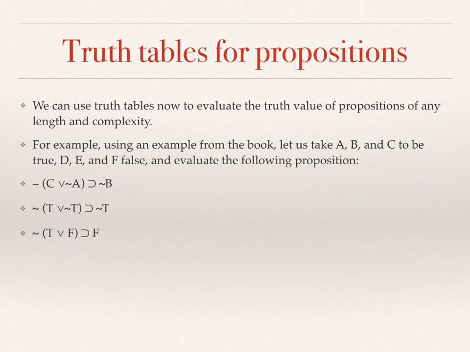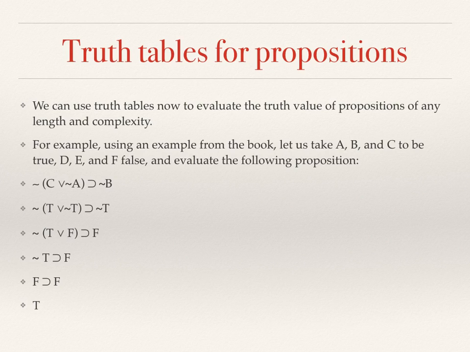We have one true, one false, so it is true, but it is negated. So we have not true. So we have false implies false. And for the implication, false implies false is true. It's only when true implies false that the whole thing is false.